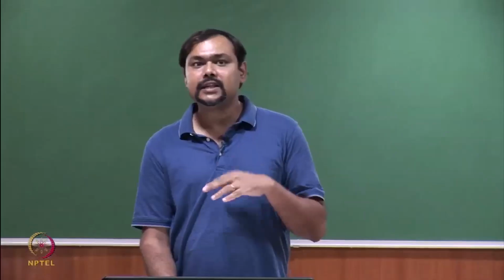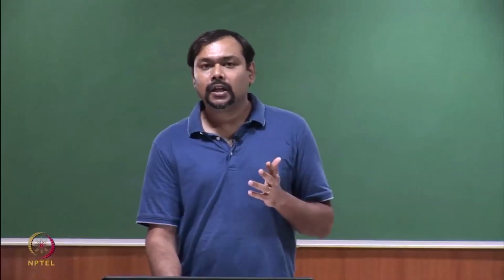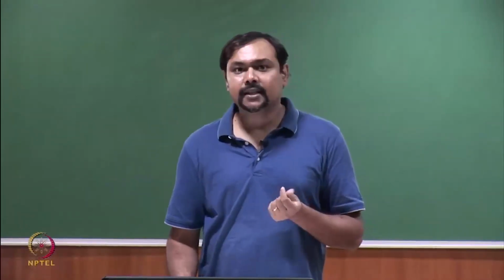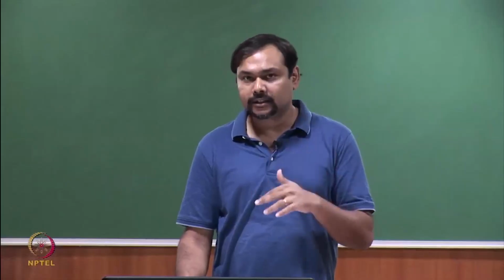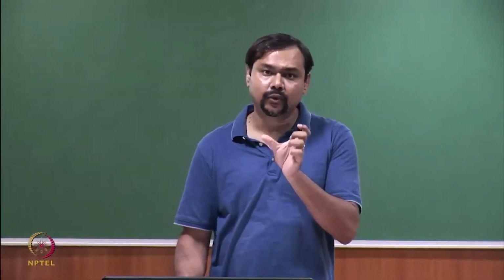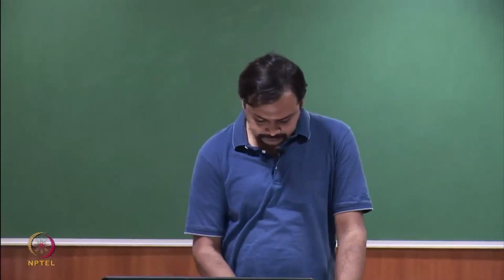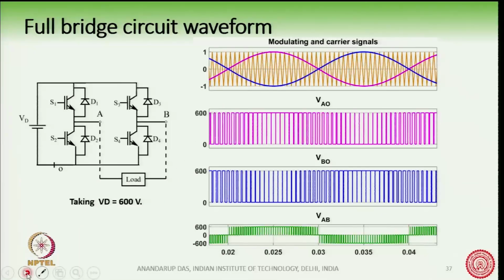So, leg B voltage and leg A voltage may be 180 degrees, but they can be any other value also. The differential voltage basically falls across the load. So, here we are showing you some of the waveforms.